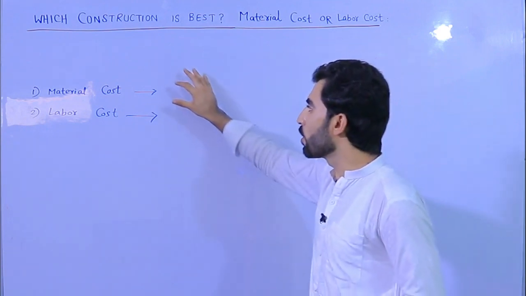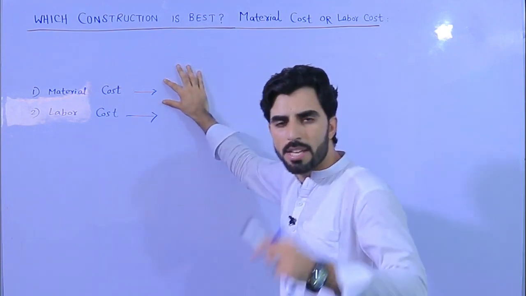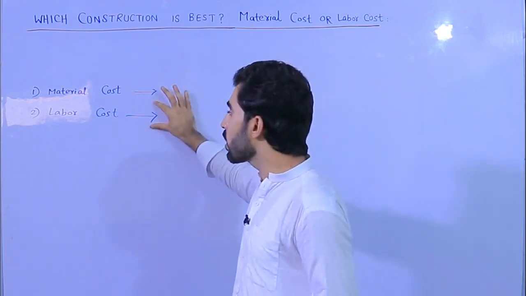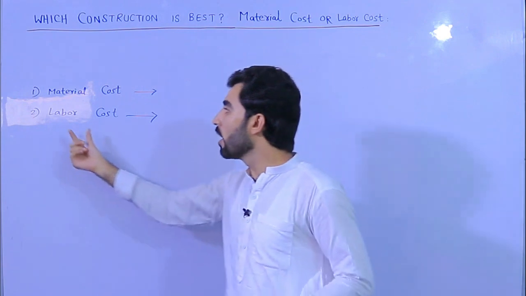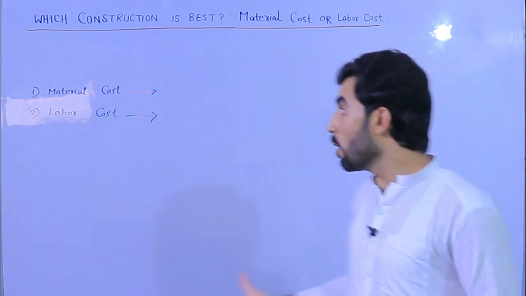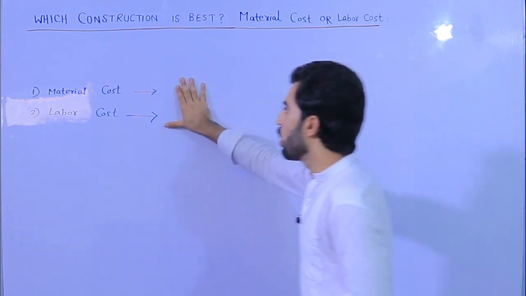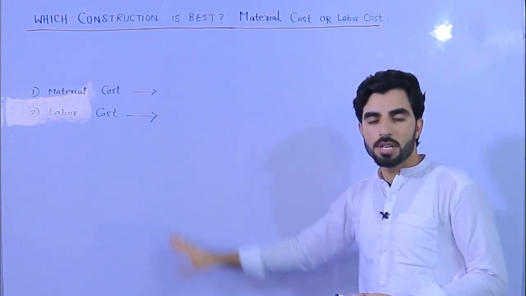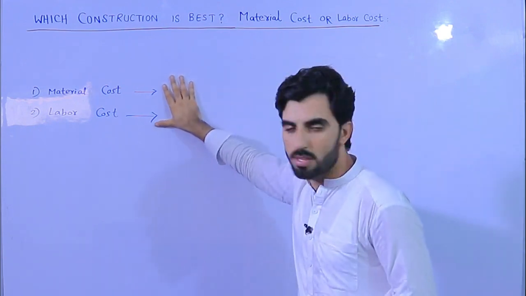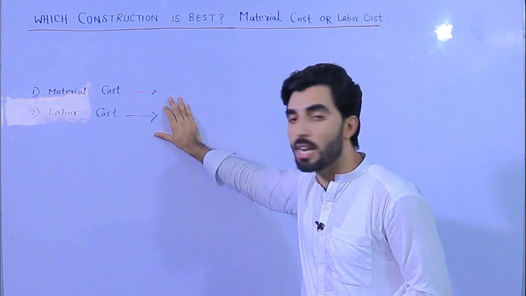There are different rates for house construction, but in labor cost you will bring the labor, while here you don't require it. You will decide these things with a contractor, because nowadays contractors are working on two bases: one is material cost, the second one is labor cost.